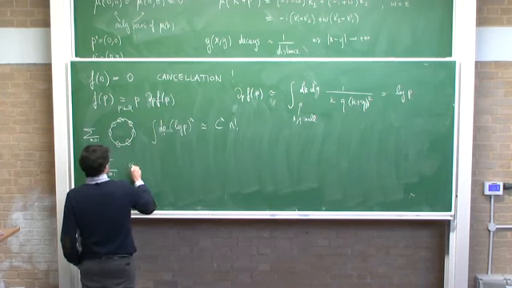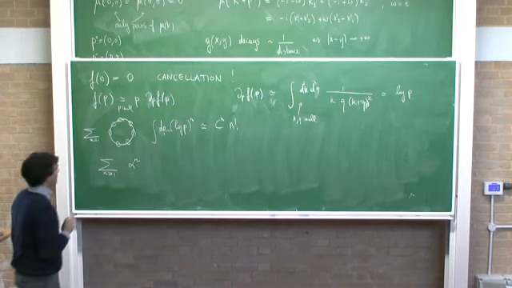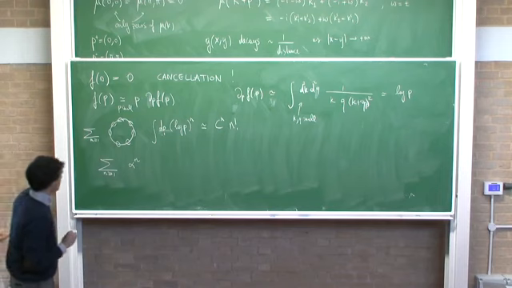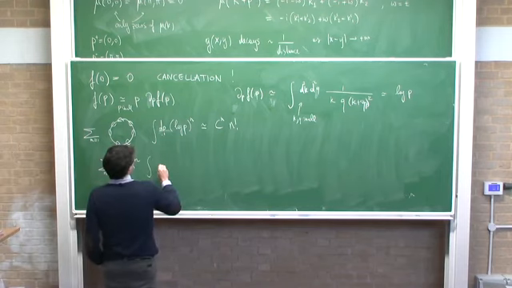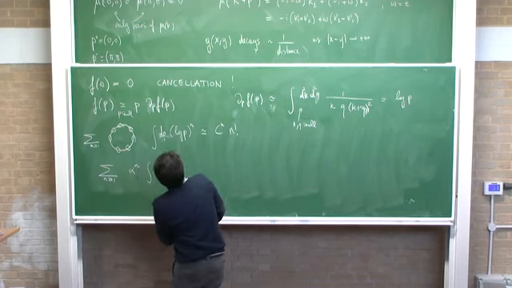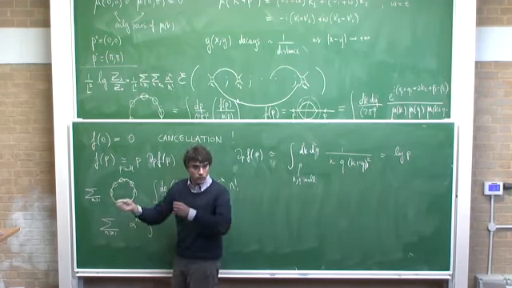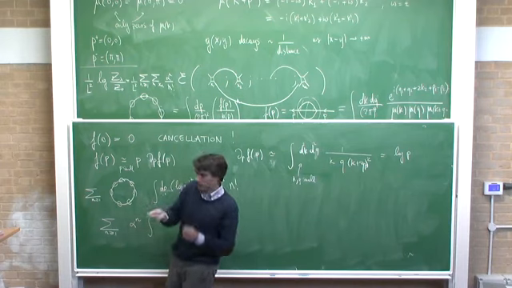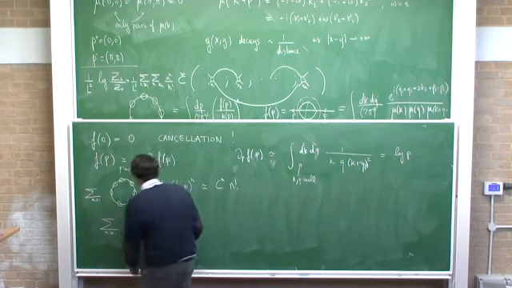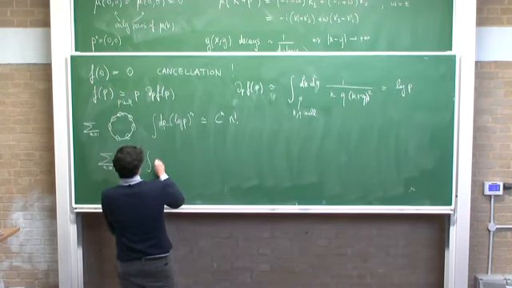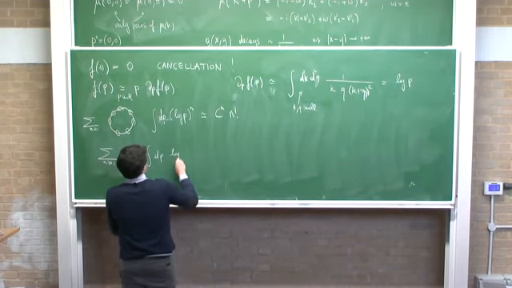Again, let me write things a bit roughly. I don't write the n factorial, because that has been cancelled by the permutation I needed to put each guy next to the one that is contracted. But I write formally the result of this.